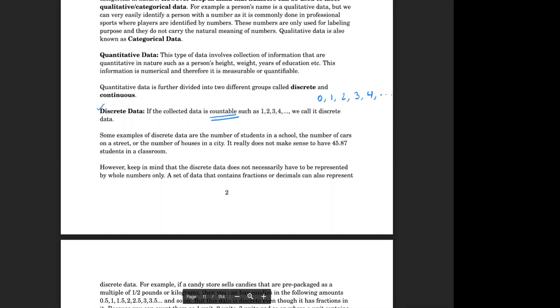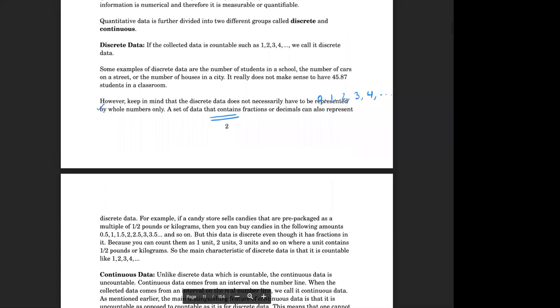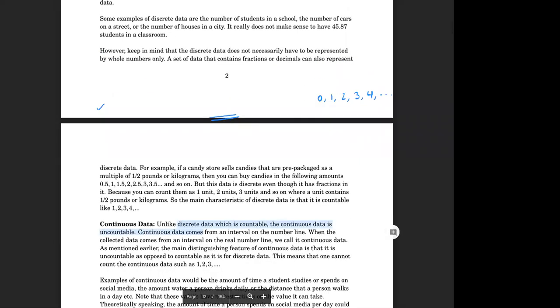The main characteristic of this type of data is that it is uncountable. Continuous data is uncountable, and it will normally be coming from the number line. So if you have the number line 0, 1, 2, 3, etc., -1, -2, -3, and it keeps going.